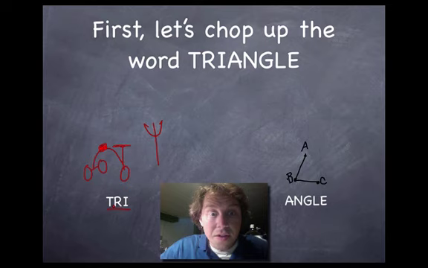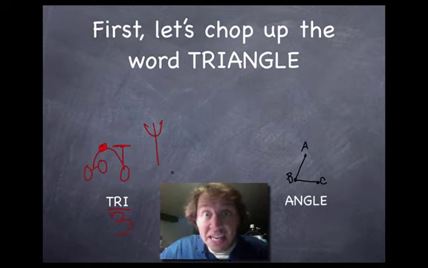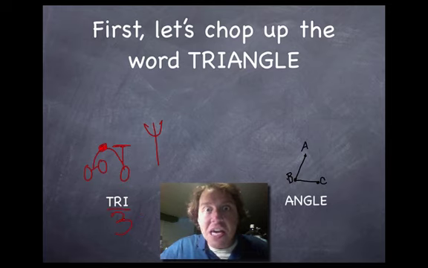Okay, so this prefix tri actually just means 3. Okay? And almost any word you see where you see this little prefix tri, it usually, 99 times out of 100, just means 3 of something.